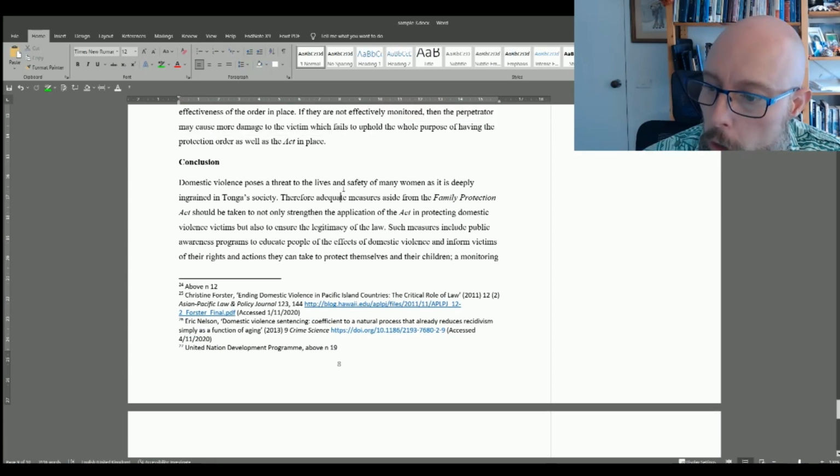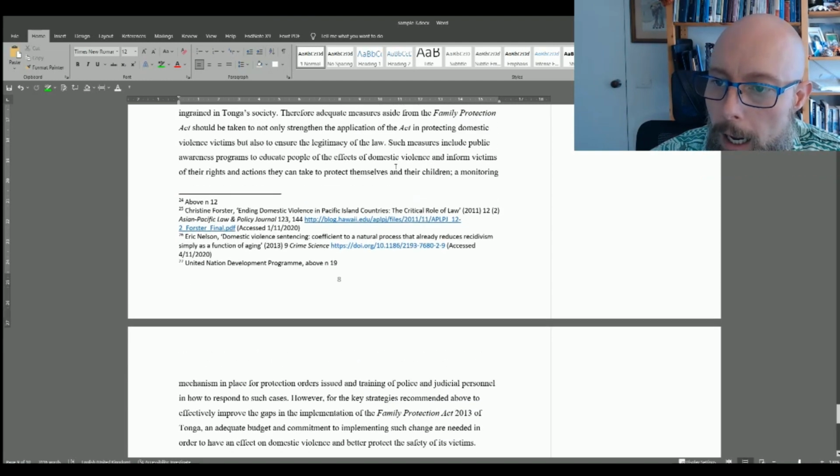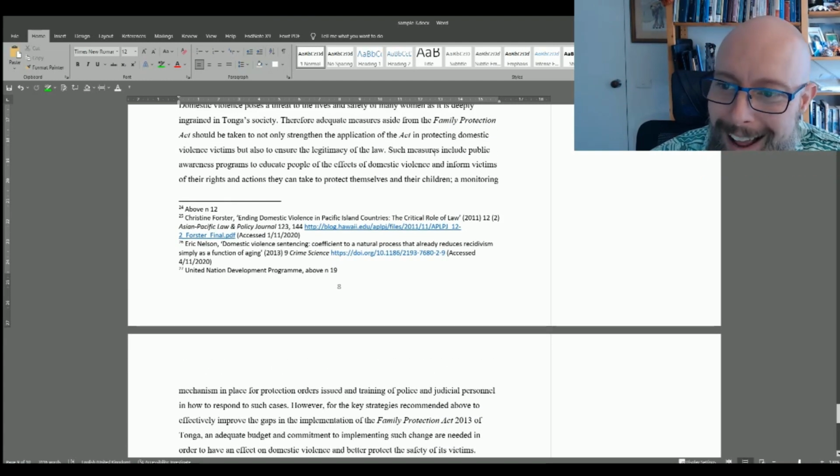Yeah, a lot of things in this paper sort of elevate it and make it really stand out. And then we have a really good conclusion, right? DV poses a threat to women and children, and mainly just women and children. Therefore, measures other than this act should be taken to not only strengthen the act, but also to ensure the legitimacy of the law. Okay? Motherhood statement.